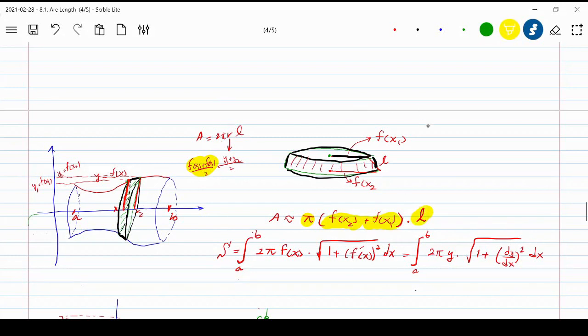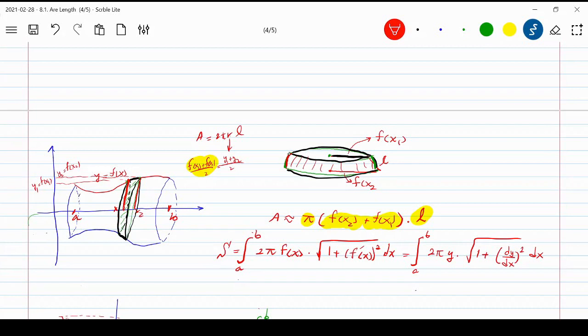Now the question is, what is this L? Because this is a curve, it's not a straight line. We can approximate this curve again by a straight line, or we can use the length formula that we already found. So the length of this curve we can figure out from the last section.